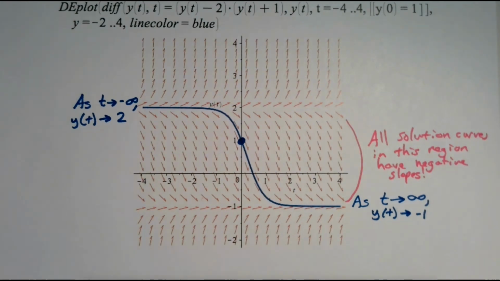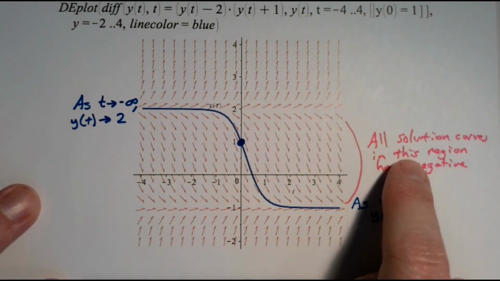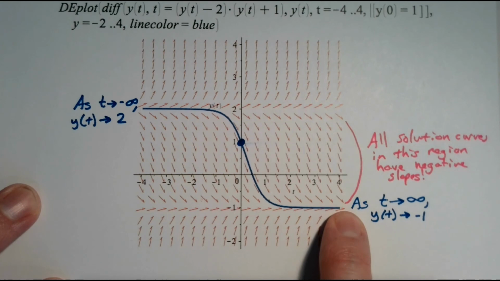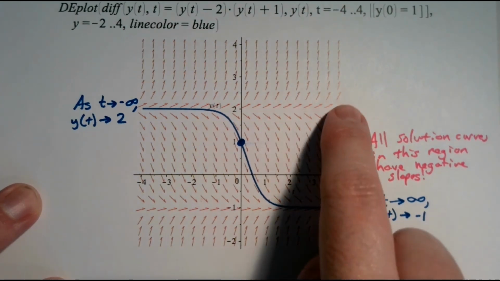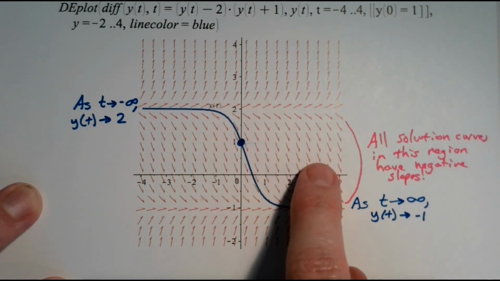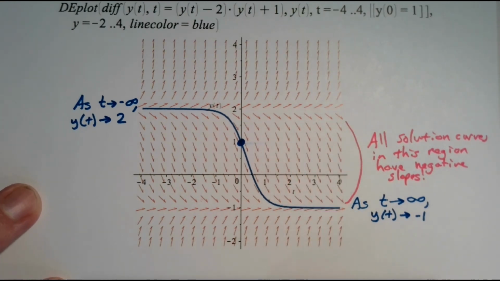And if you think back to the example at the beginning of this section, they have to have negative slopes because there's 0 slope right here, there's 0 slope right here, and those are the only places where the slope is 0. So in between, it can't be 0. It's either got to be positive or negative, and since we're seeing that they're all negative, you don't have a choice. It has to be negative. You can't change signs like that without becoming 0. And of course, we already know where the slope is 0, those equilibrium solutions.